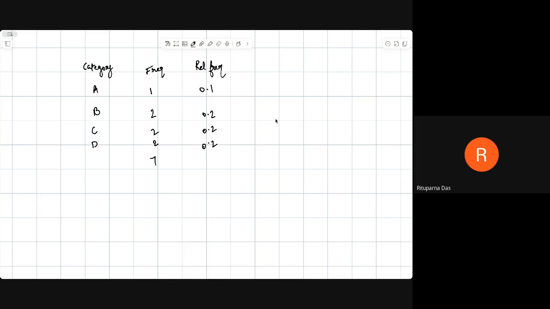A's frequency is one, and B's frequency is also one. C's frequency is two, and D's frequency is also two.